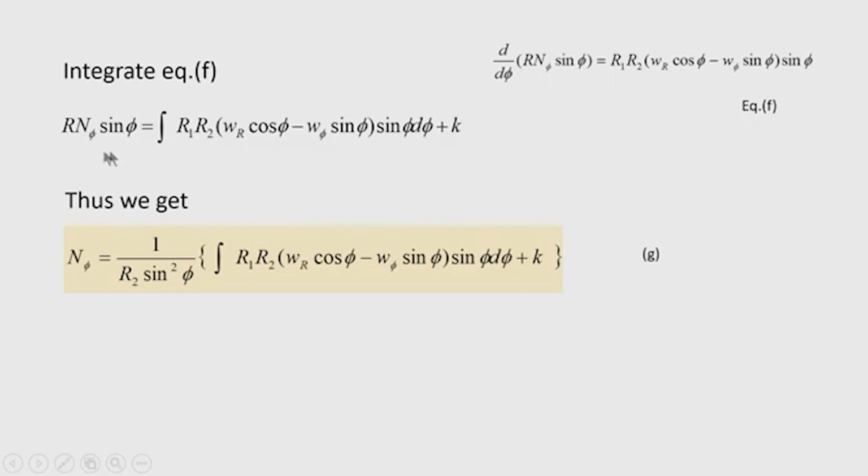Now, if we substitute r equal to r2 sin phi, then we can write n phi equal to 1 by (r2 sin square phi) times the integral of r1 r2 into (w r cos phi minus w phi sin phi) into sin phi d phi plus k. So, this is the equation to find one of the membrane forces, n phi, that is in the meridional direction, that exists due to self weight.